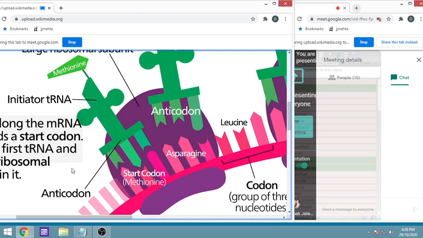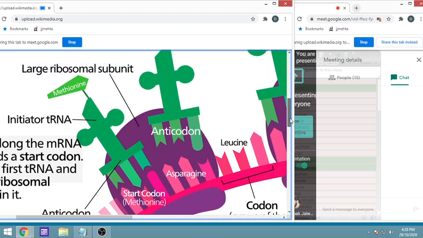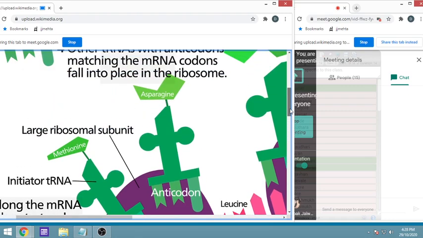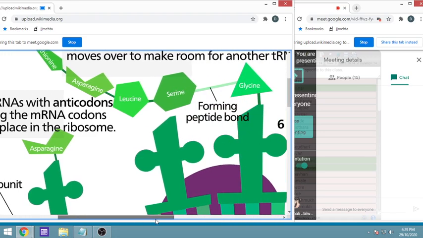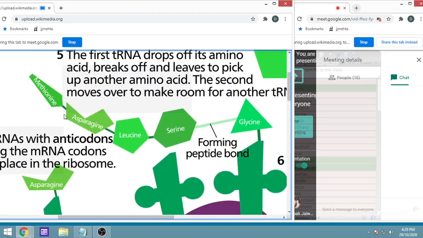So it will start with the start codon, methionine, and then one after another, we call it elongation, that will start, and thus we can see the amino acid sequence that has started, suppose methionine, asparagine, leucine, serine. We have seen this earlier, serine, and thus it is forming a peptide bond.